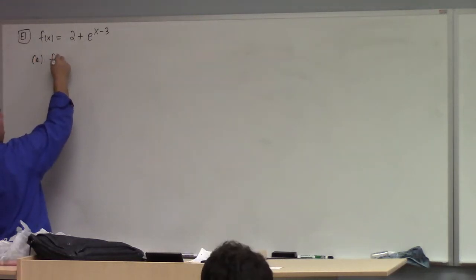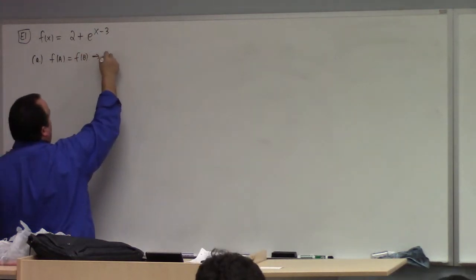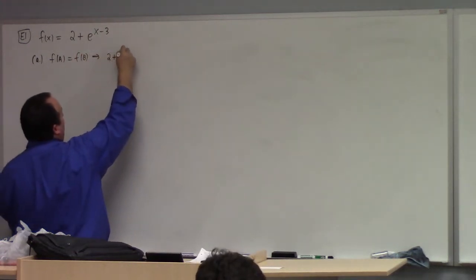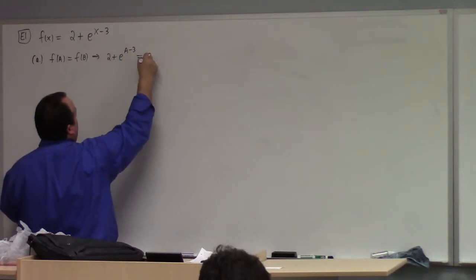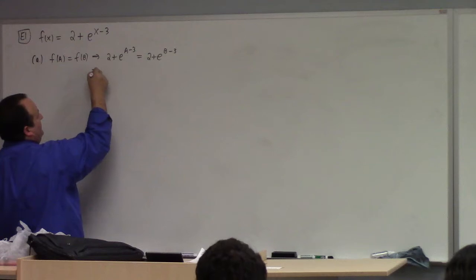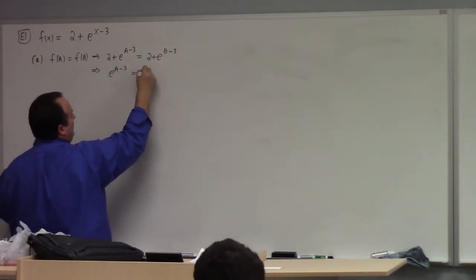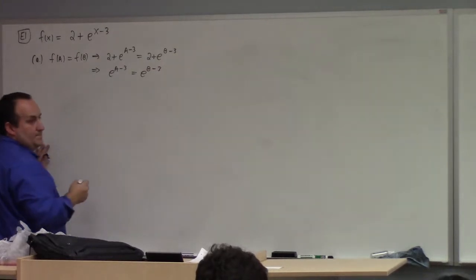So if we suppose f of a is equal to f of b, that would tell me that 2 plus e to the a minus 3 equals 2 plus e to the b minus 3, right? Subtracting 2 from both sides would give me e to the a minus 3 equals e to the b minus 3, right?